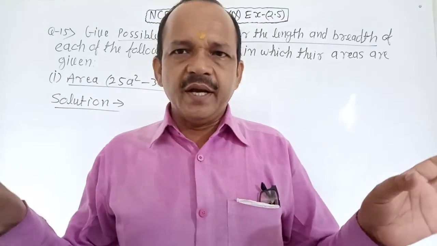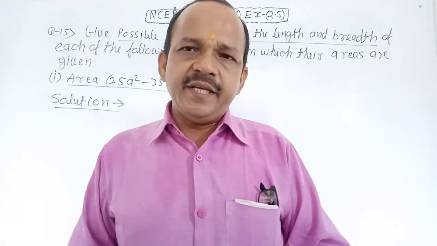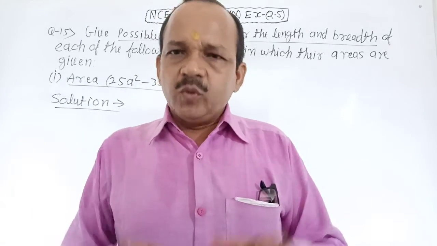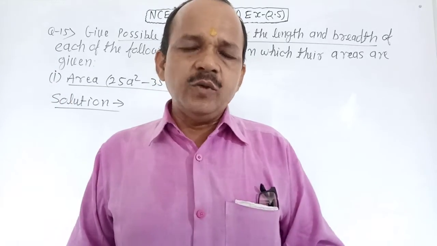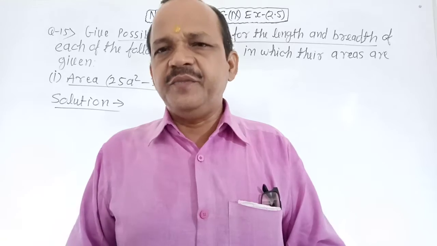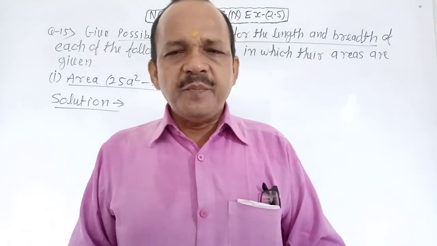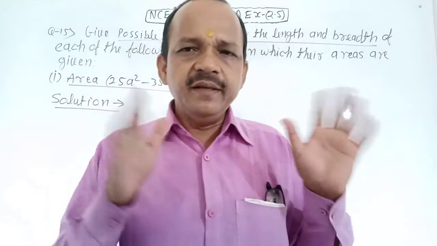My words are clear, no confusion about it. Very good. The suitable identity is: area of rectangle equals length multiplied by breadth. You can use this identity for the following question, and you can find the possible expressions of length and breadth of a given rectangle.